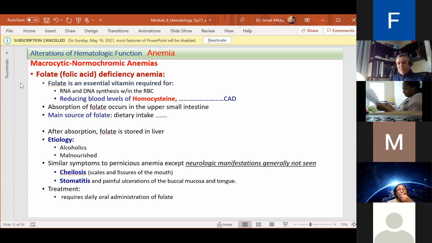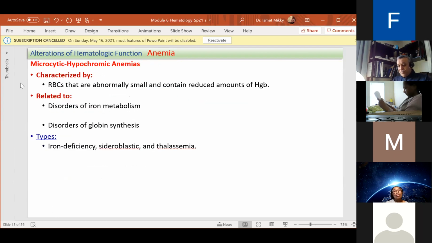They will have something called cheilosis, which is the scaling and fissuring of the mouth. Stomatitis, which is an inflammatory process in the mouth, and painful ulceration of the buccal mucosa and tongue. The treatment, again, should be a supplement like folic acid supplement.